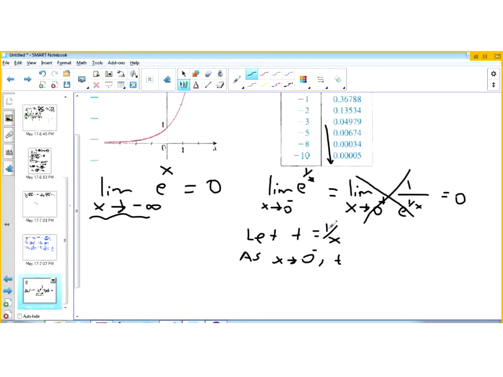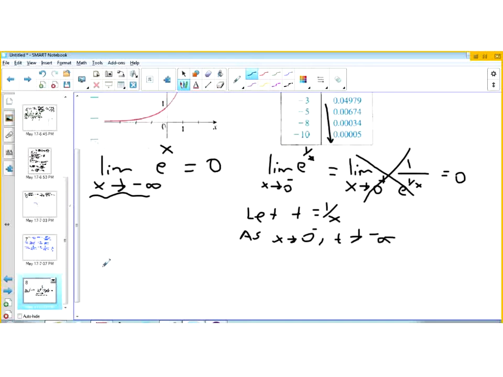Well, think about the graph of the hyperbola. As you approach 0 from the left, the hyperbola output goes to minus infinity. So as x approaches 0 from the left, t approaches minus infinity. So we can transform the problem. We can replace 1 over x, the rational function in the exponent, which is hard to solve, with a more stylistically pleasing expression in t.